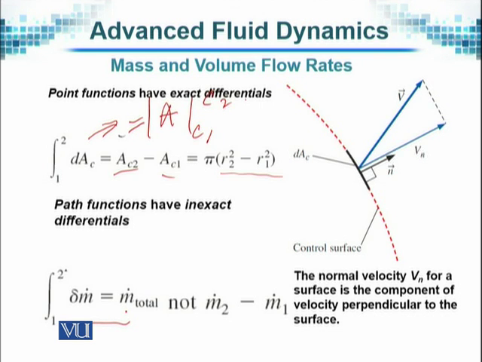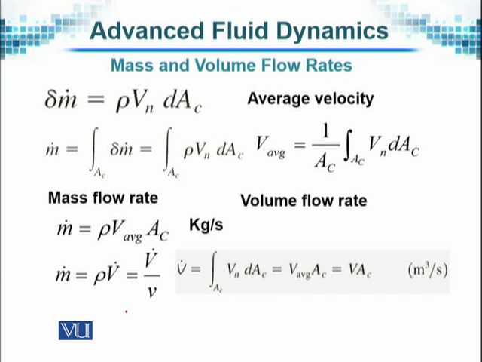And then the other term that we shall be using in this discussion is average velocity. The average velocity will be considered as this much. It is the quantity that we obtained earlier, and if we divide it by the whole area under consideration within the control volume, then that will be termed the average velocity.